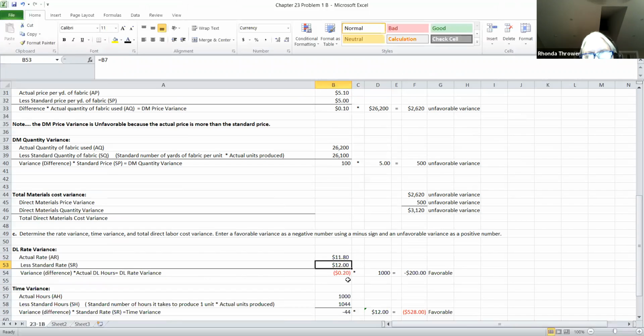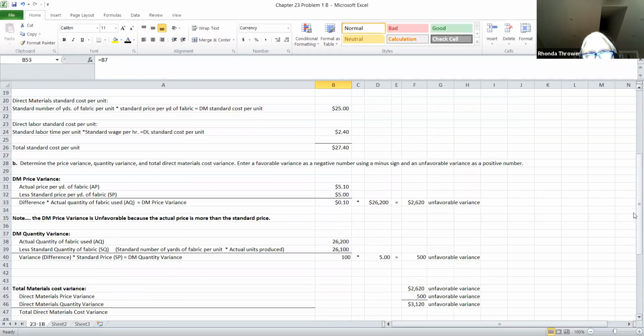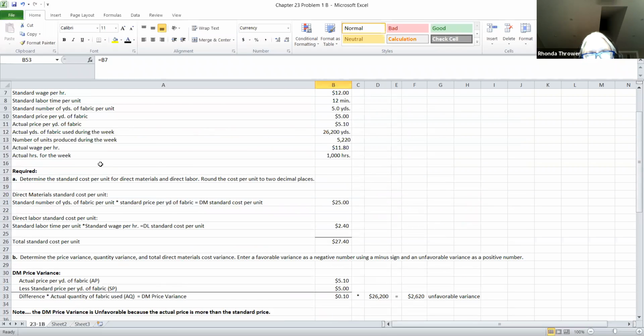And the favorable variance would be multiplied by the actual direct labor hours to get the direct labor rate variance. The actual direct labor hours were given to you at 1,000 hours.